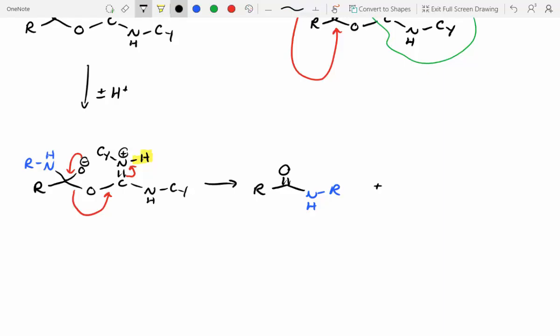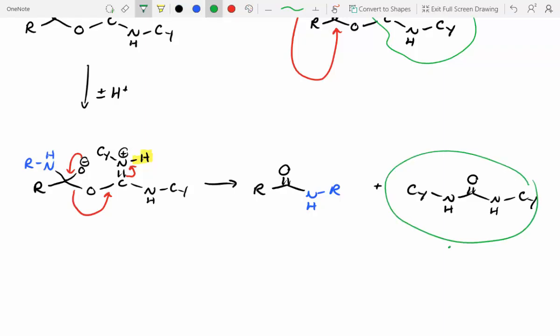However, we're reforming a new carbonyl. And this was our leaving group.